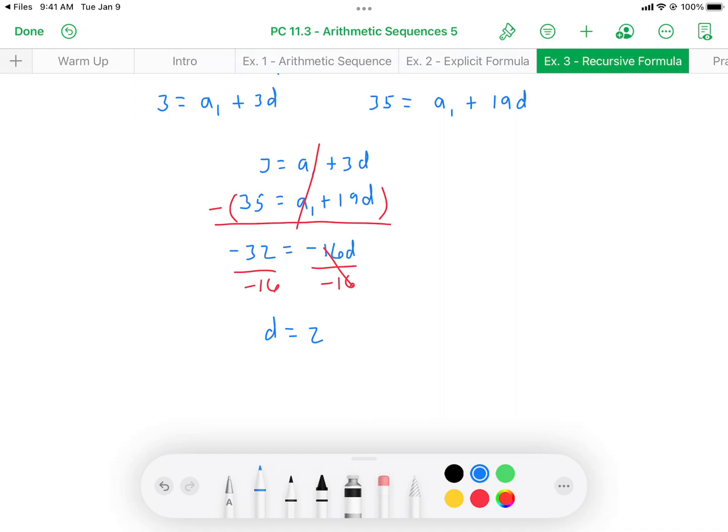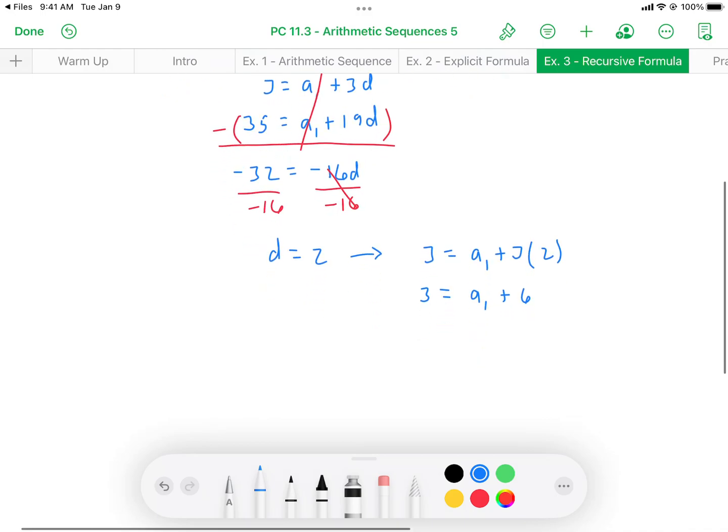All right, so common difference is 2 there. Now use that to figure out a sub 1. Use either of the two equations at the top. I'll use the one on the left. That means a sub 1 is negative 3.